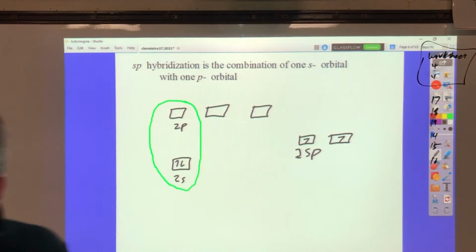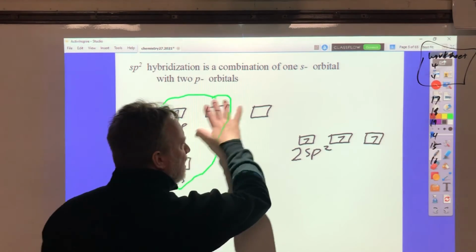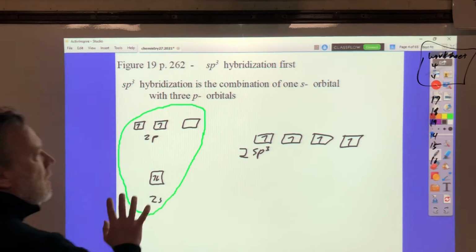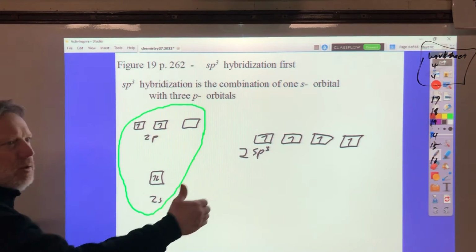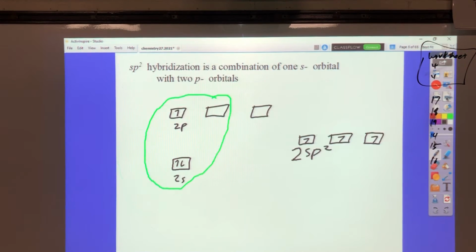The boron family next over does sp2 hybridization. The next family over, the carbon family, does sp3 hybridization. Those 3 families do hybridization routinely. Is that the only hybridization there is? Well, no. But that's all we're going to talk about right now, I think.